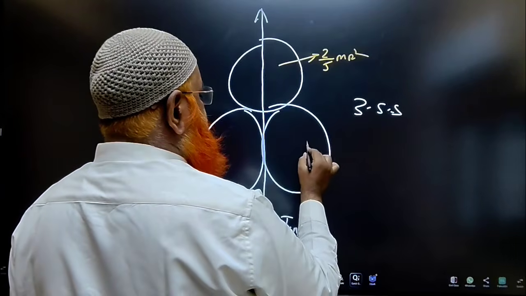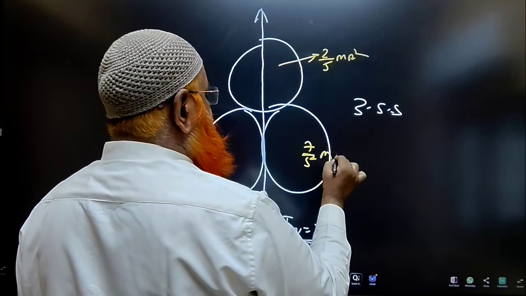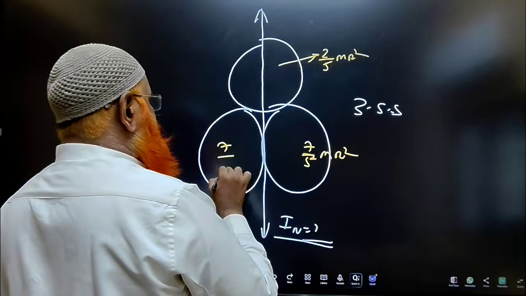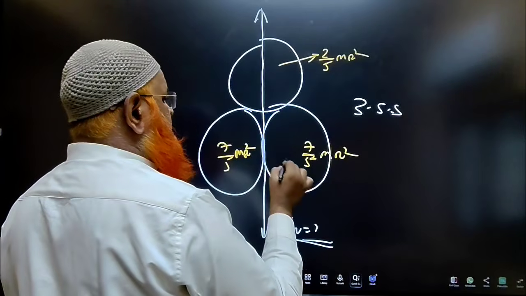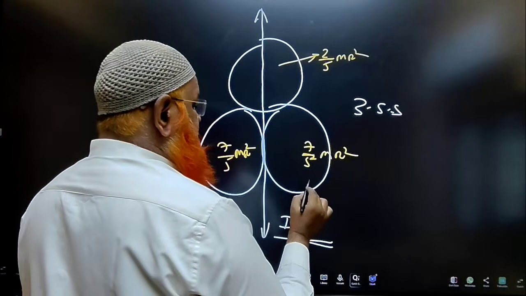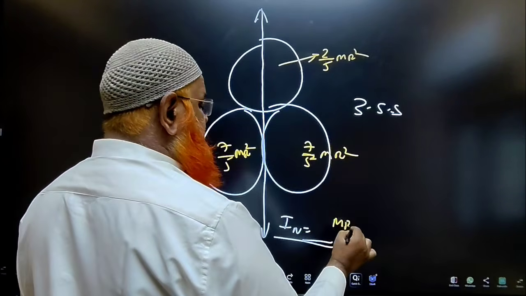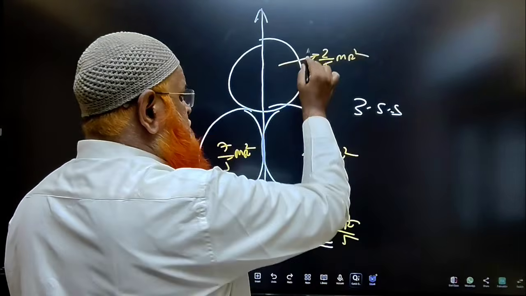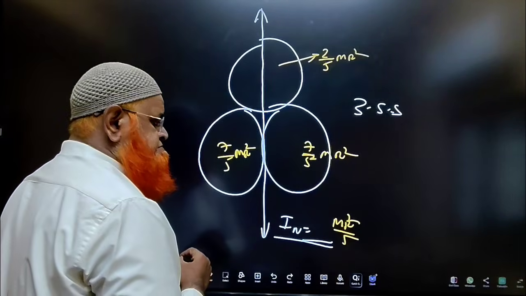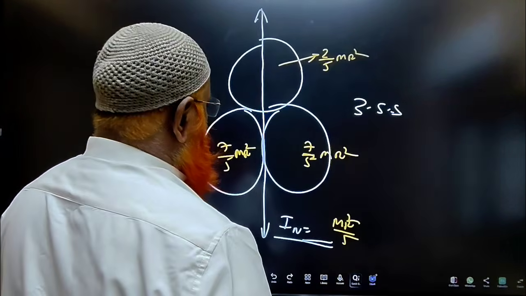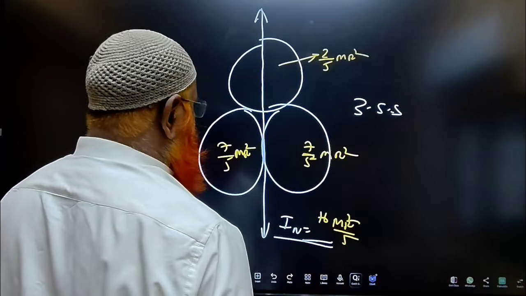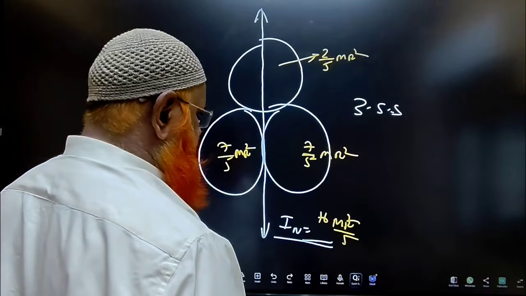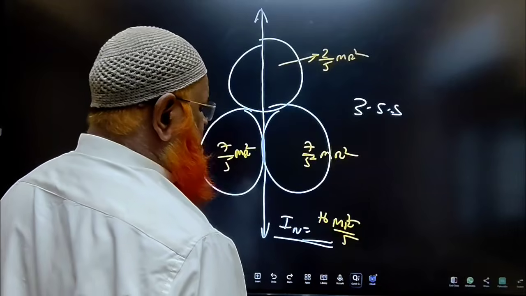What is this? 7 by 5 mr square. And what is this? 7 by 5 mr square. So what is the net one? Mr square by 5 is common, right? So 1 plus 7 plus 7, 15... 16 by 5 mr square. This is a solid sphere.